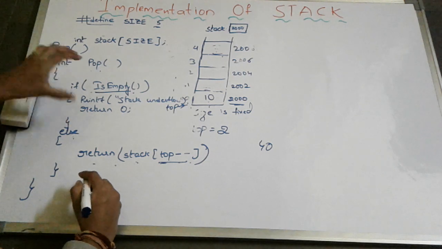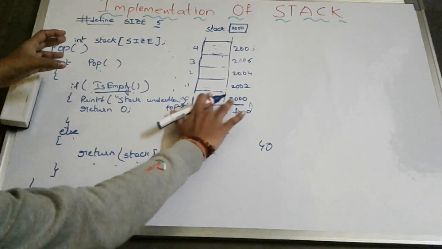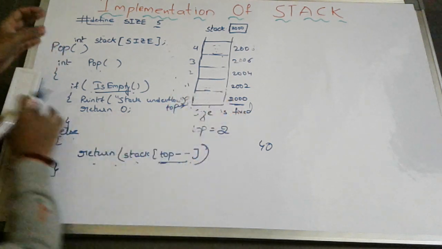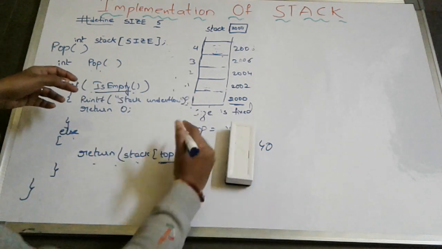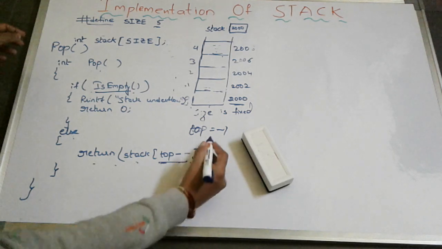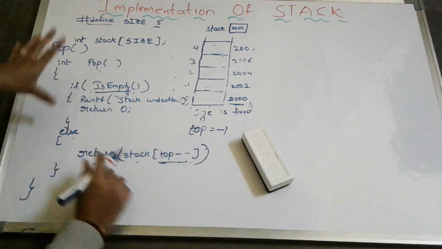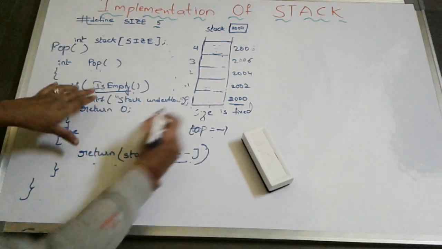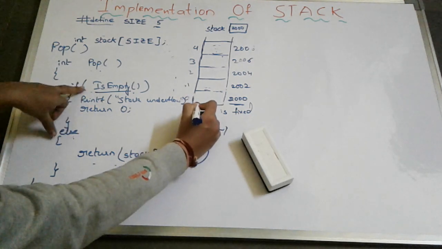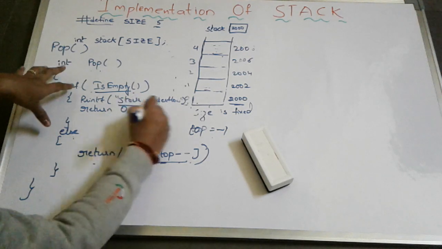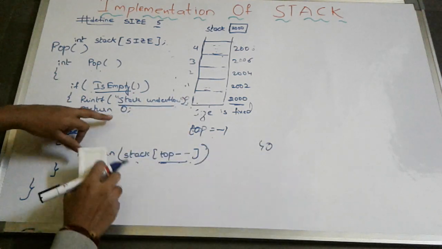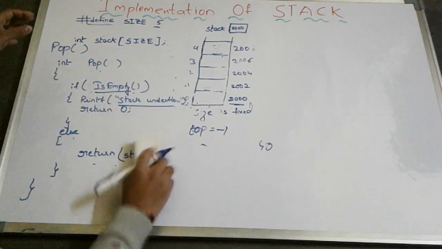Now if we perform it again, 10 is returned and now top is -1. So if we perform pop operation again, here the stack is empty, so we will get this warning message, stack underflow, and 0 will be returned.